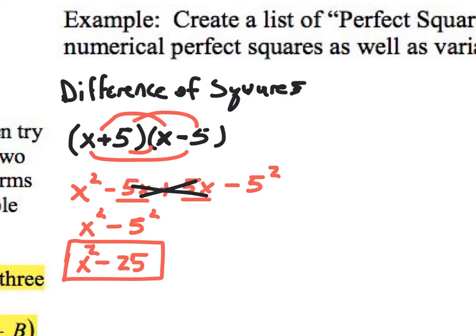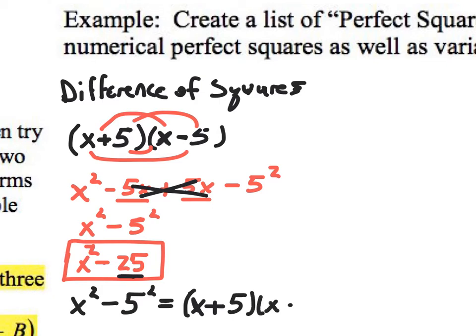If I recognize this, then I ask, how can I rewrite 25? If I rewrite it as x squared minus 5 squared, then I can factor that, and this is an equivalent statement of x plus 5 times x minus 5.